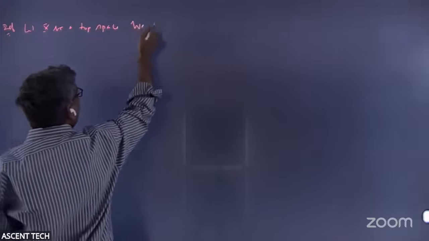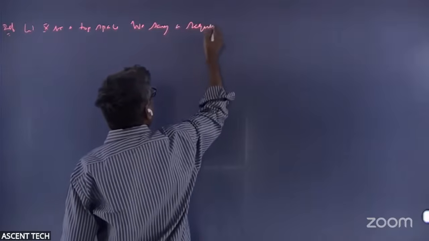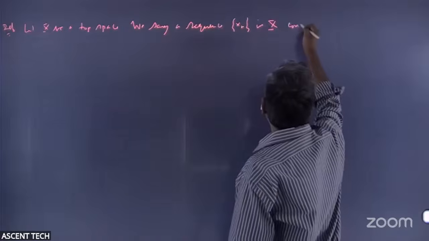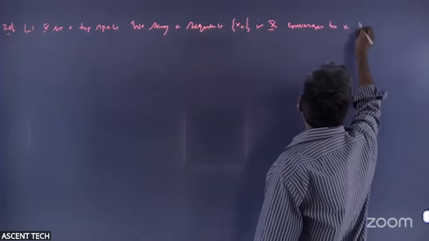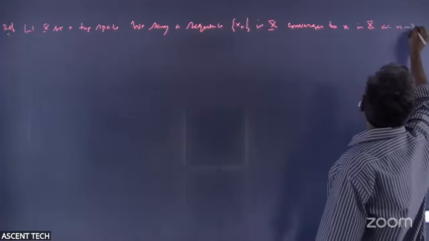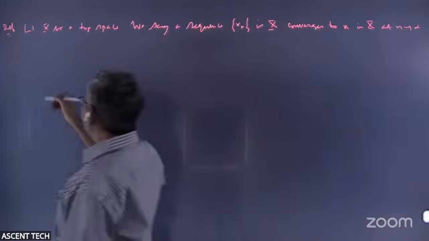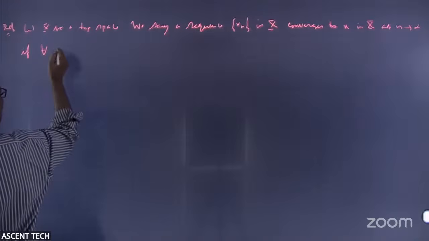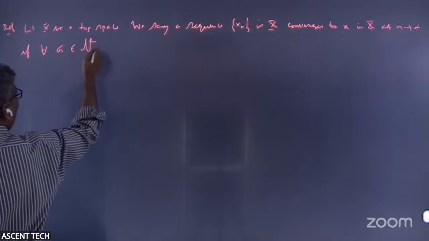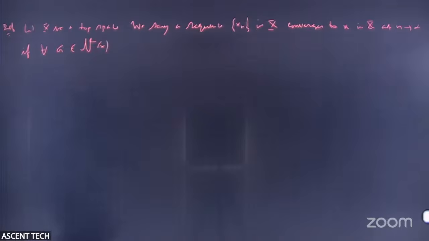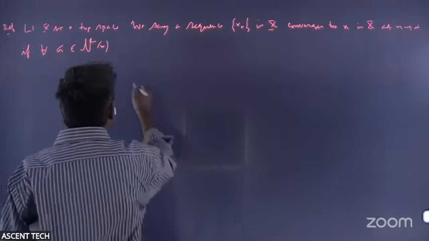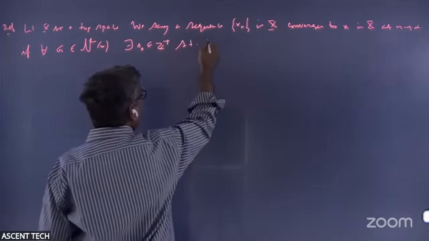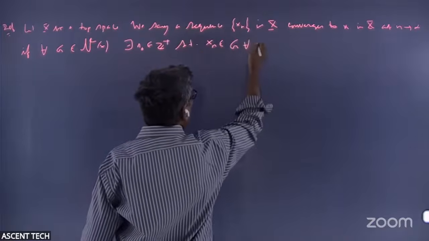We say a sequence Xn in X converges to X in X as n tends to infinity if for every neighborhood G of X, there exists a positive integer n naught such that Xn is in G for all n greater than n naught.